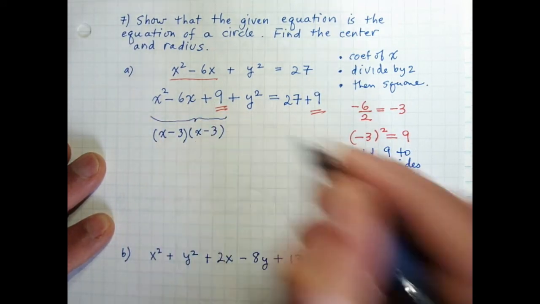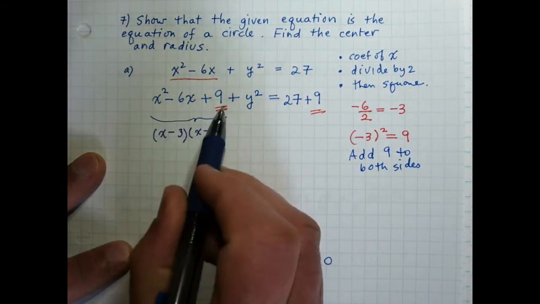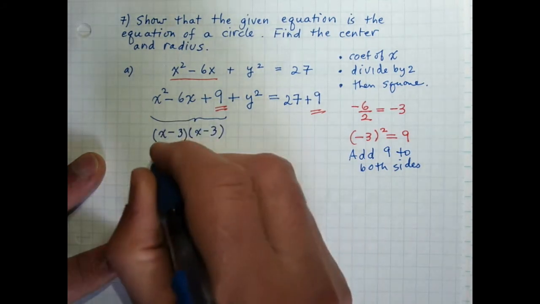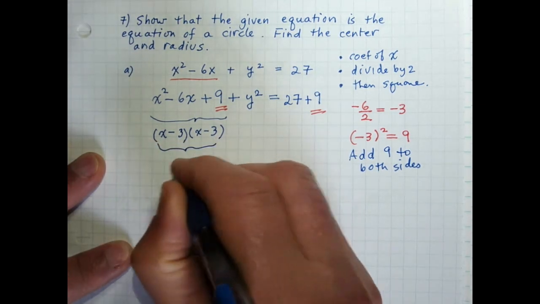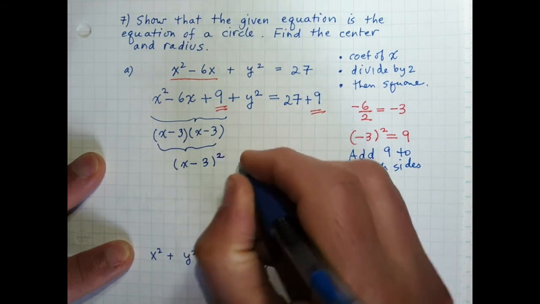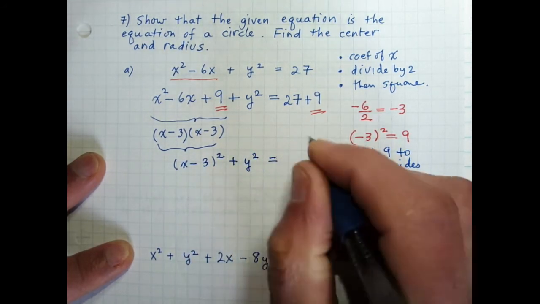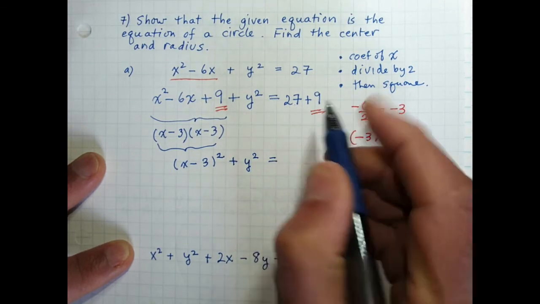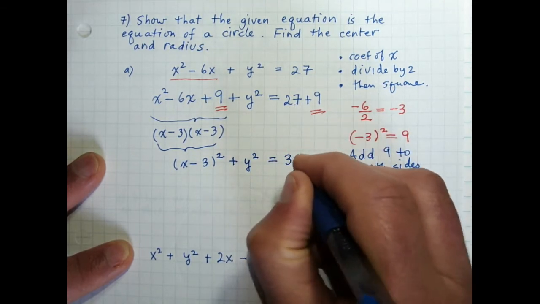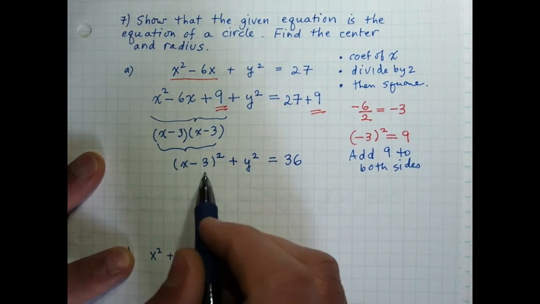The point is I wanted to get both factors being the same, and they are. So I actually can write that as (x minus 3) squared plus y squared equals 27 plus 9 is 36. So I now have the equation in a form.